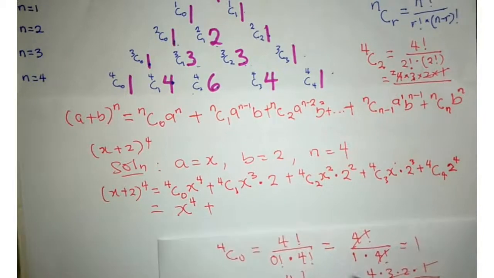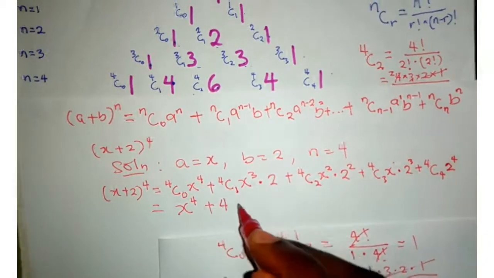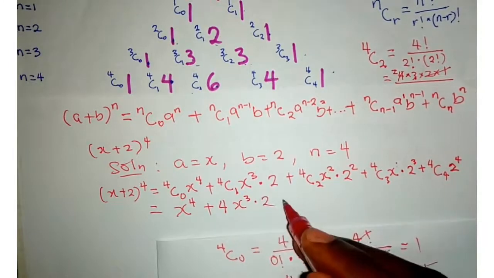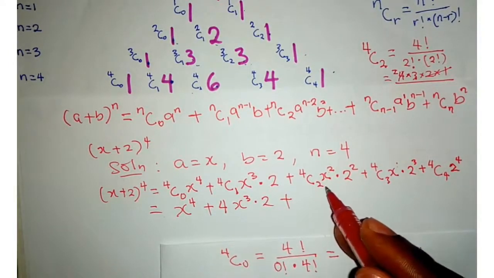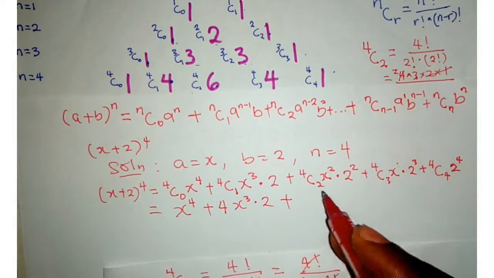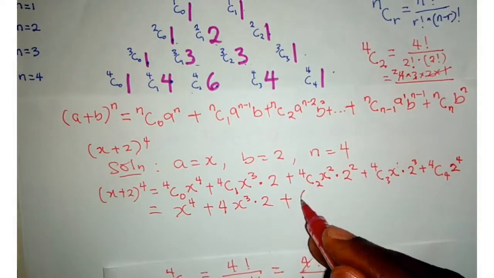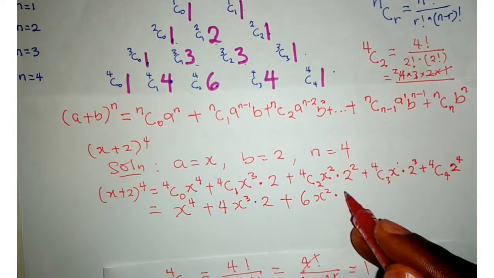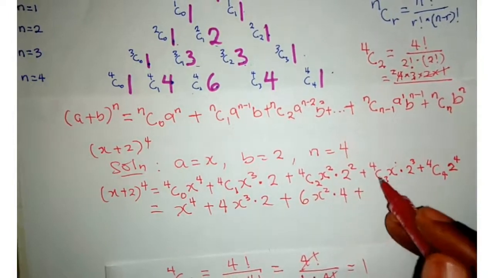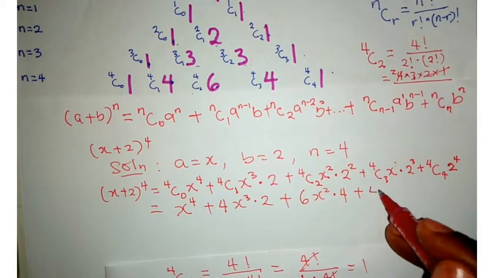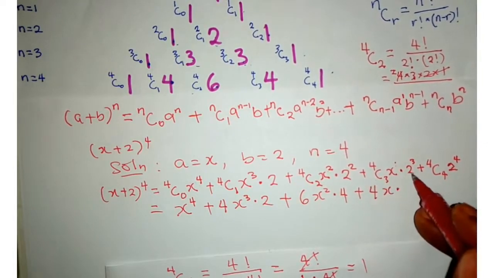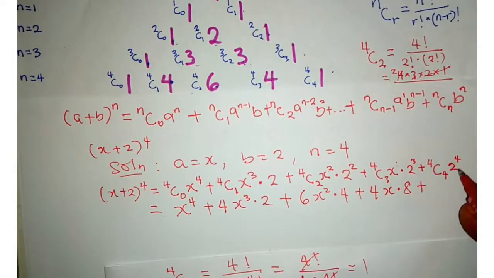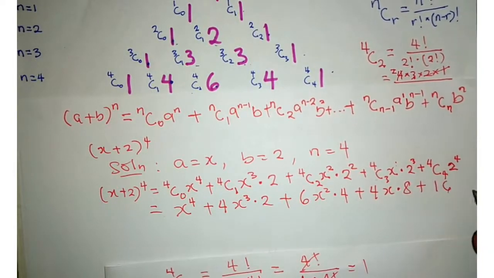So 4 choose 1 is 4 x cubed times 2, plus 4 choose 2. Using the calculator, we see that this gives us 6 x squared times 2 to the power of 2, which is 4, plus 4 combination 3 is 4 x times 2 cubed, which is 8, plus 4 combination 4 is 1, and 2 to the power of 4 is 16.